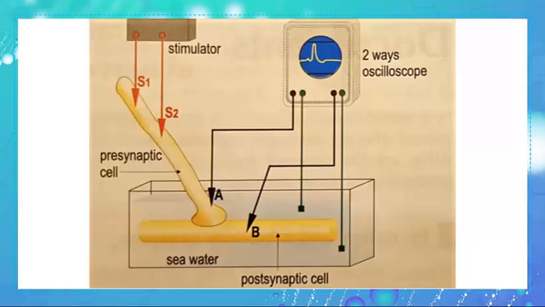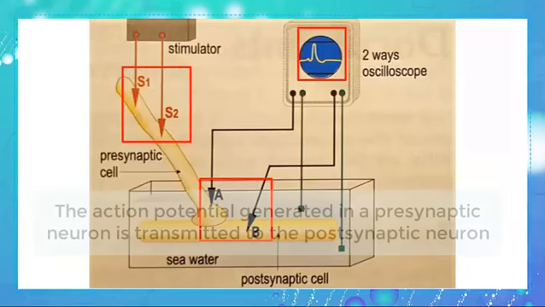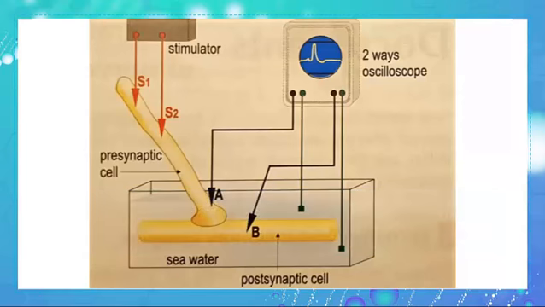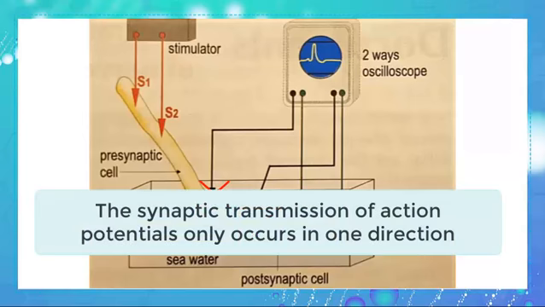In this experimental setup, two neurons are involved, a presynaptic neuron A and another postsynaptic neuron B. When neuron A is effectively stimulated, an action potential is observed at the axon of this neuron as well as neuron B. This indicates that the action potential generated at neuron A is transmitted to neuron B. But when the postsynaptic neuron B is effectively stimulated, an action potential is only recorded at neuron B but is not recorded at neuron A. This indicates that the action potential is transmitted in only one direction, from the presynaptic to the postsynaptic neuron and not the other way back.